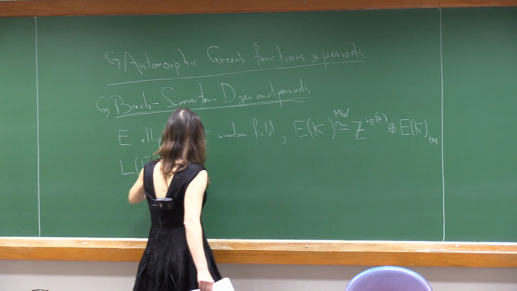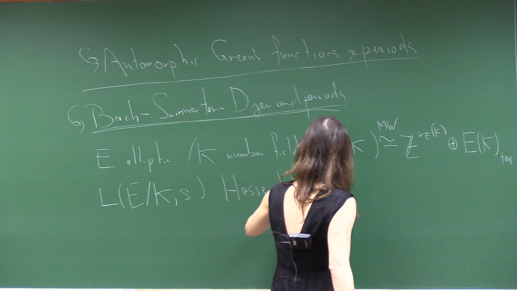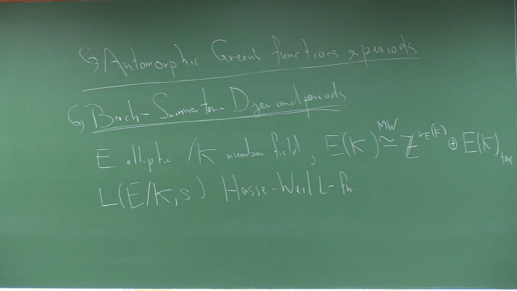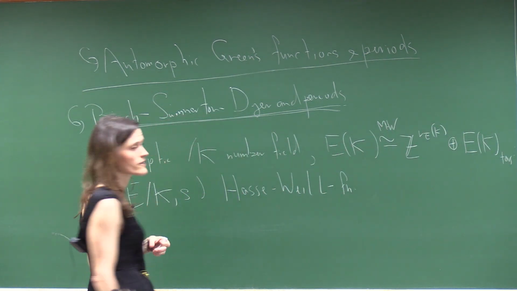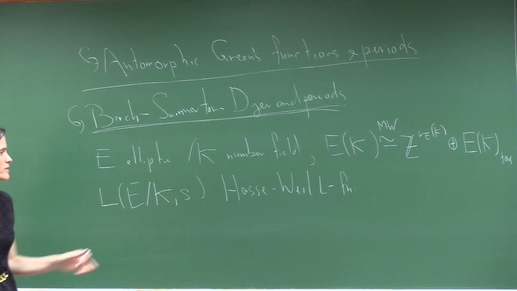Okay, so we consider the Hasse-Weil function, which we know in some cases, conjectural in all cases, to have an analytic continuation to an entire function, satisfying a functional equation of the form relating values at s to 2 minus s.